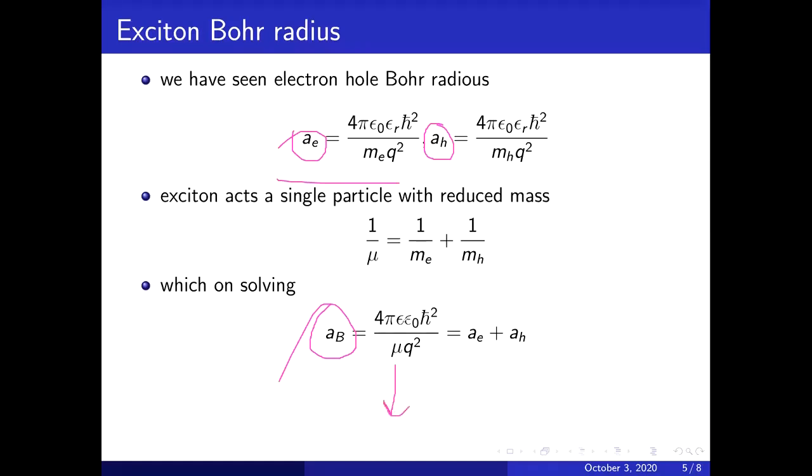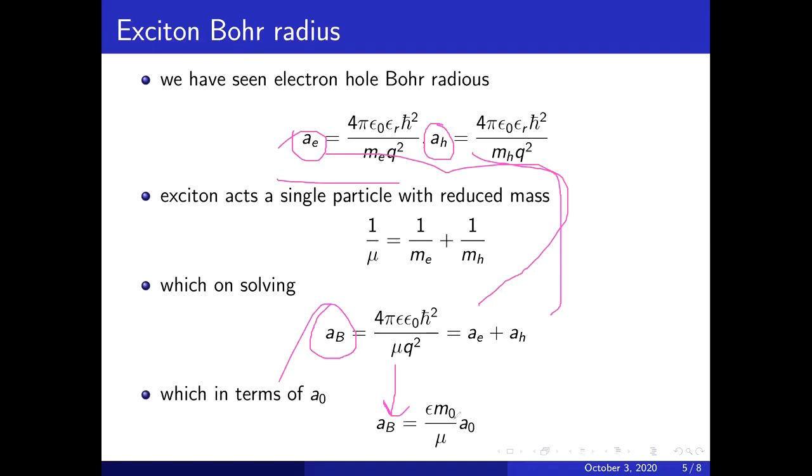And if you put back these expressions and break them into factors AE and AH, you see they will be equivalent to this. Or in terms of the rest mass, I have used all these expressions. This is solved here.